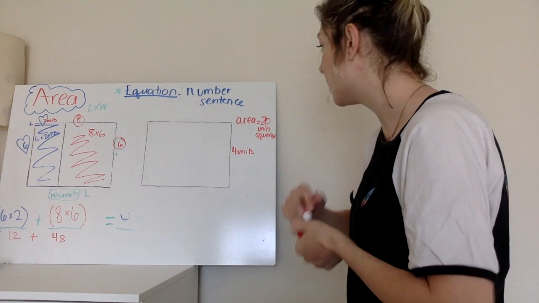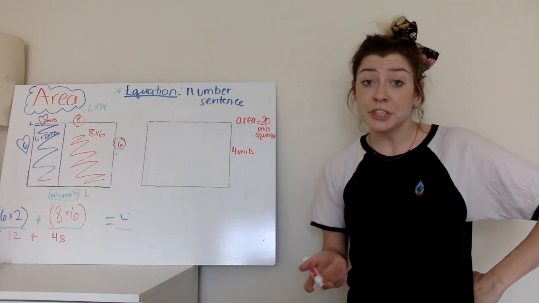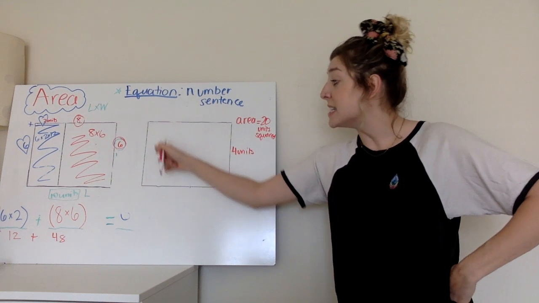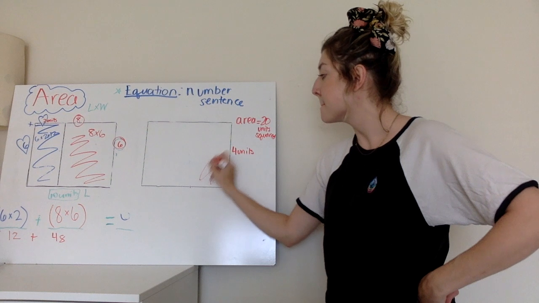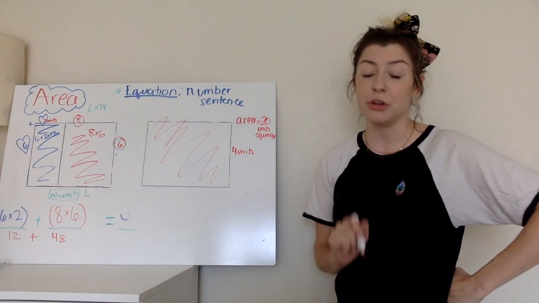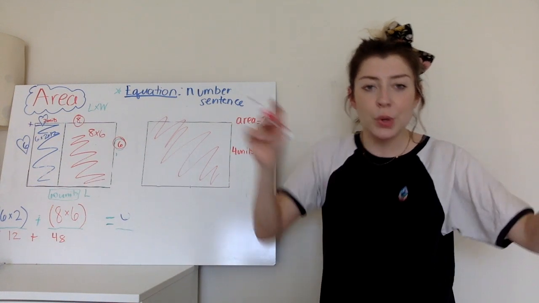Let's keep going. Let's not get distracted. Okay, so here is the information we already have. The area of this entire thing, this entire rectangle, is 20 units squared. We have the answer. Good job.